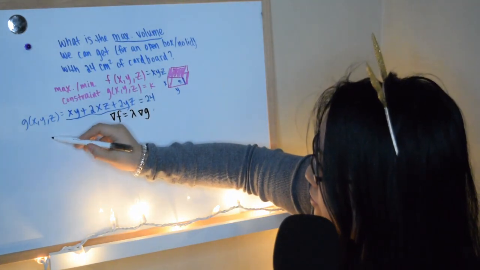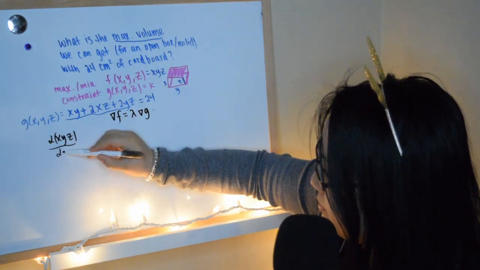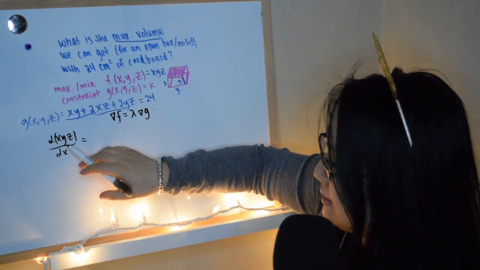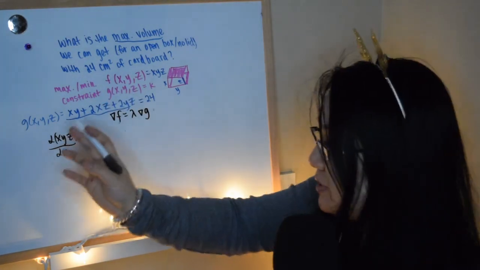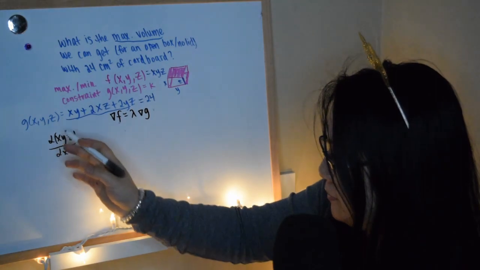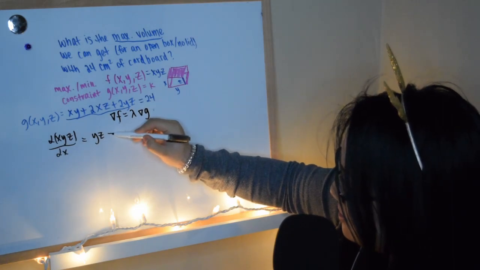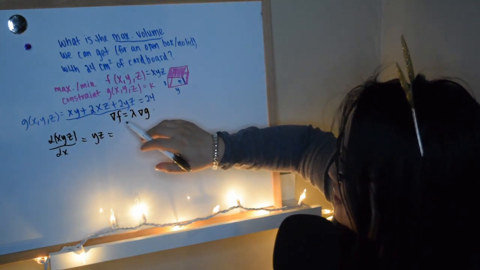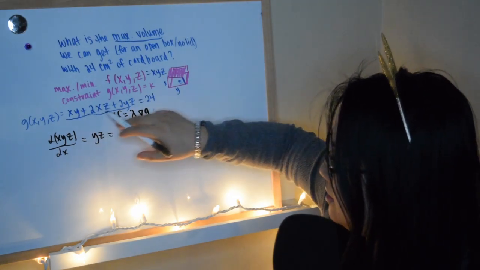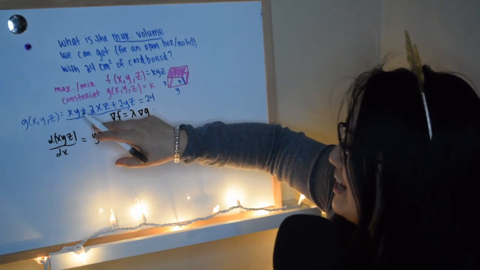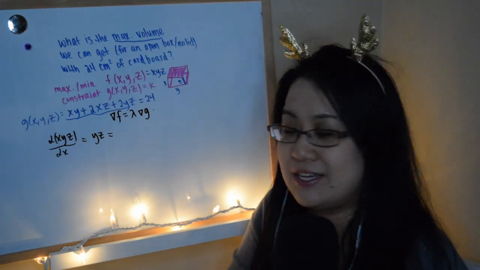The partial of xyz with respect to x: you treat y and z as constants, but x is the variable we're taking the derivative with respect to, so we're just left with yz, and that's also going to equal lambda times the partial derivative of this with respect to x.